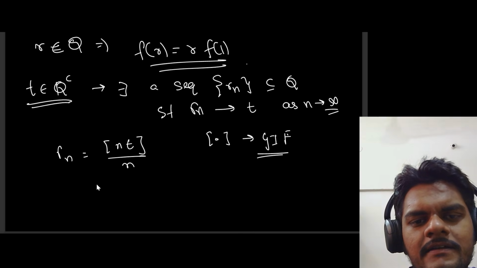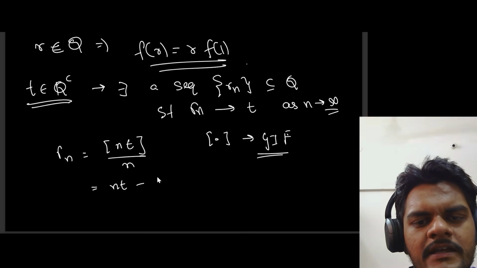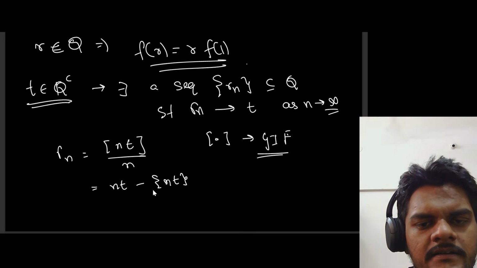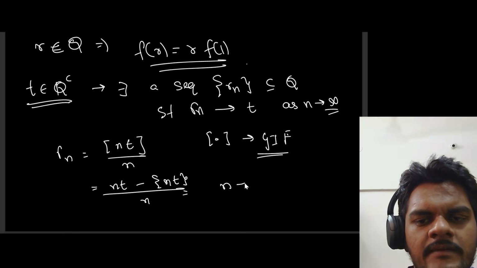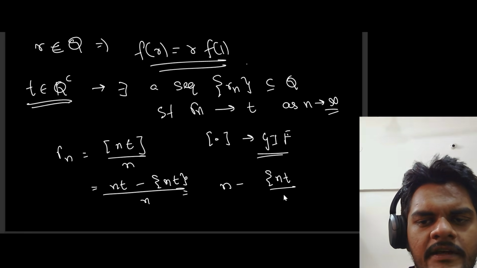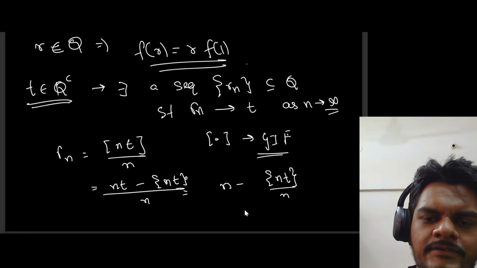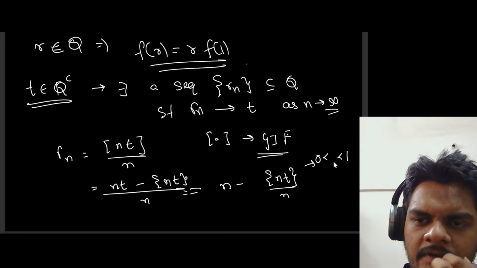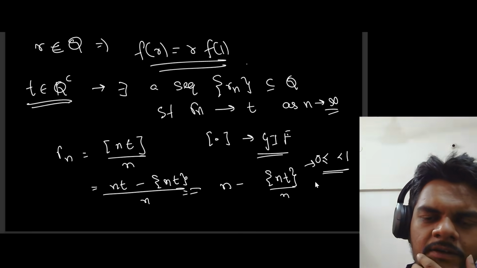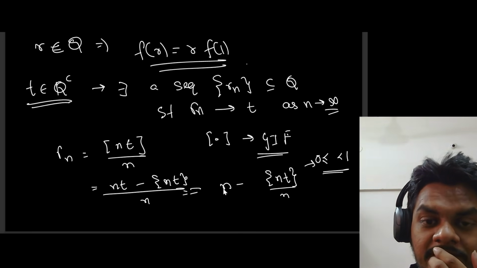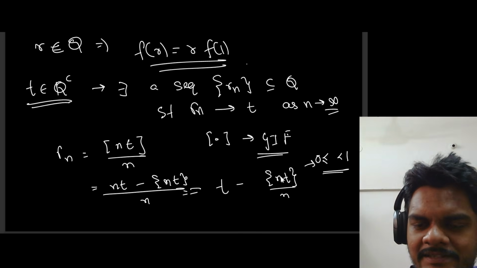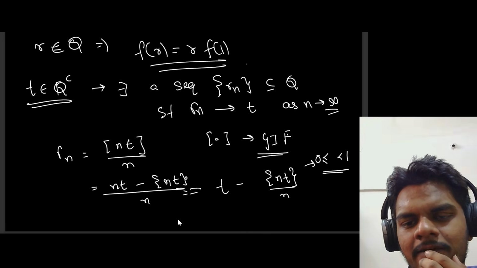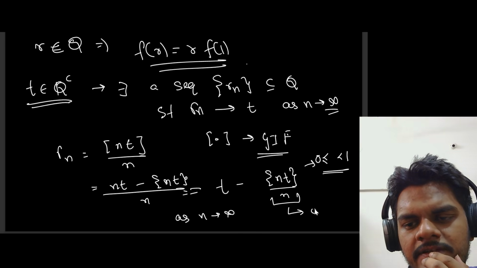So you see that this is equal to nt minus fractional part of nt, divided by n. And you see that fractional part is always a finite quantity. It is between 0 and 1, right? It is always between 0 and 1. So sorry, this is not n, this is t. t minus fractional part of nt by n. Now as n goes to infinity, this term will go to 0.